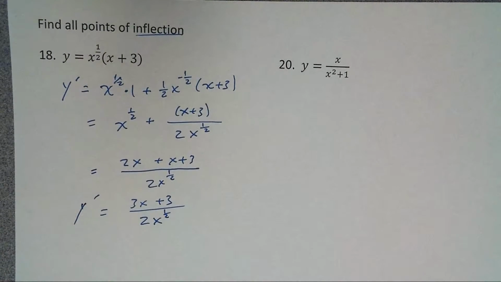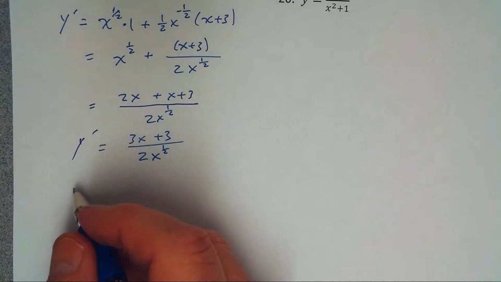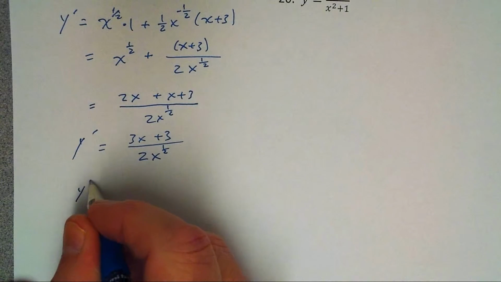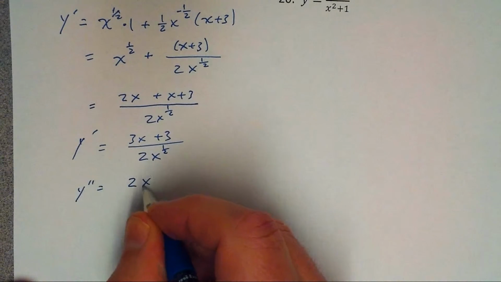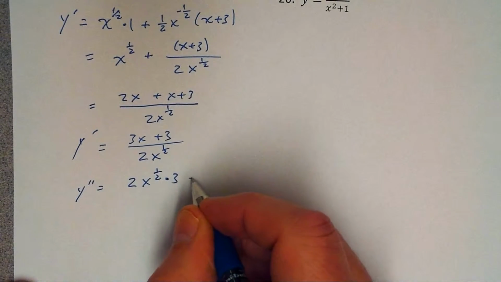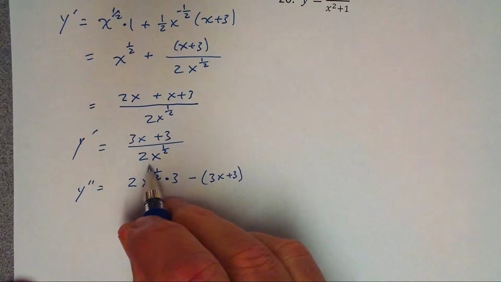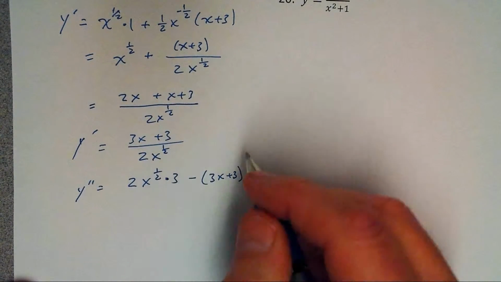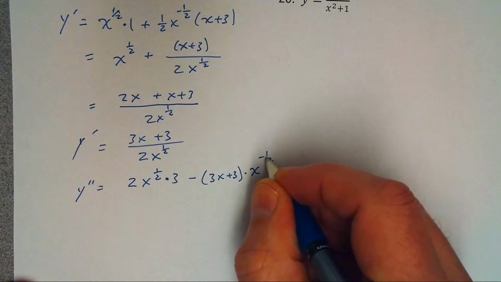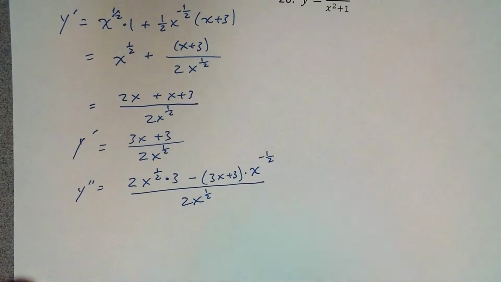So we're on our way now to find y double prime, using the quotient rule. We've got y double prime equals low d high, the derivative of high is 3, minus high, all of 3x plus 3, d low, that's 2 times 1/2, or 1 x to the negative 1/2, all on 2x to the 1/2.